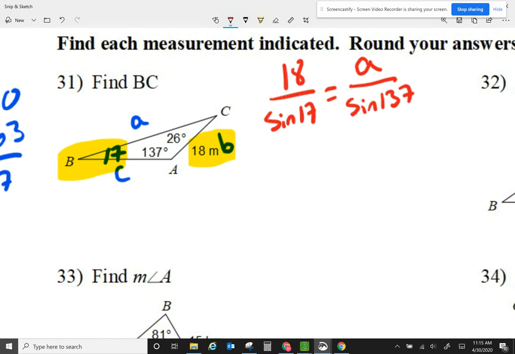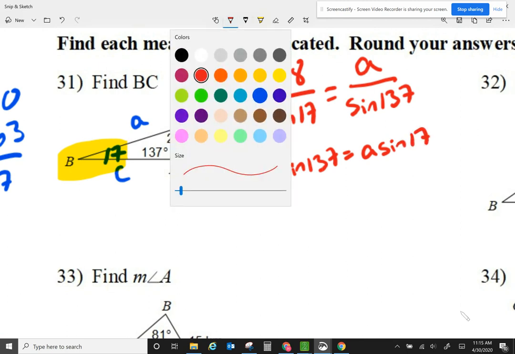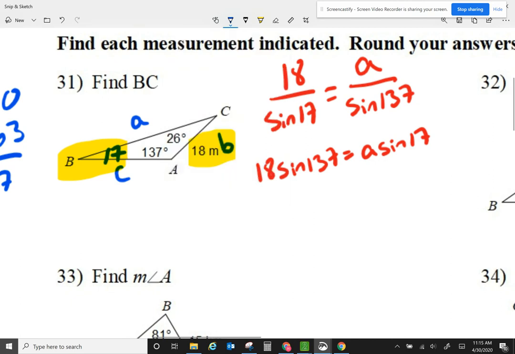When I cross multiplied, I have that 18 times sine of 137 is equal to a times sine of 17. To get the a by itself, I'm just going to say that I have 18 times sine of 137 divided by sine of 17 is equal to a. Notice how I divided both sides by sine of 17, just to have the a by itself.